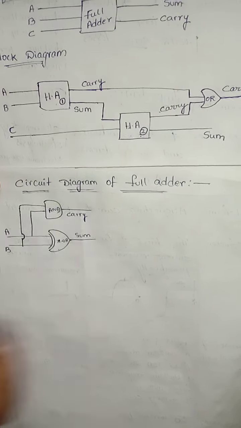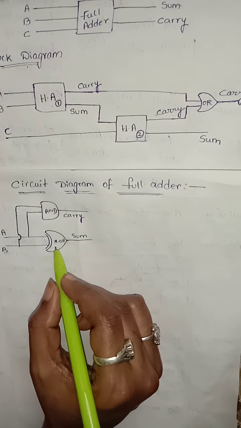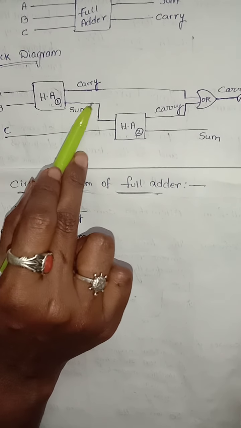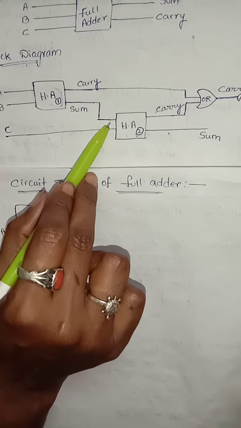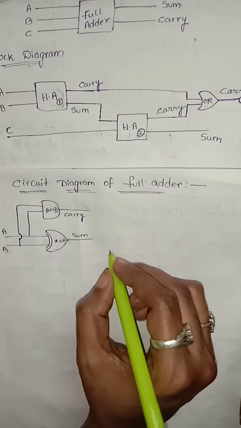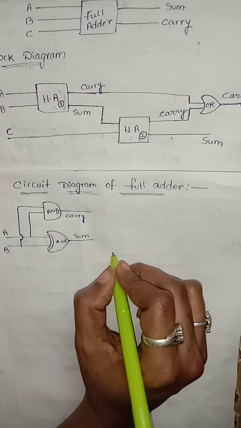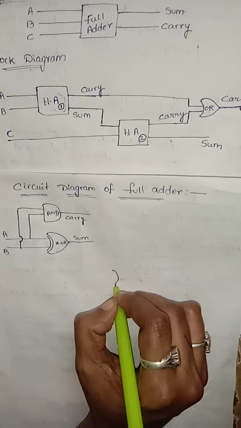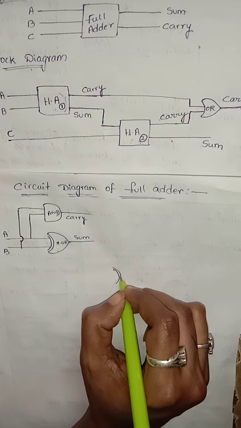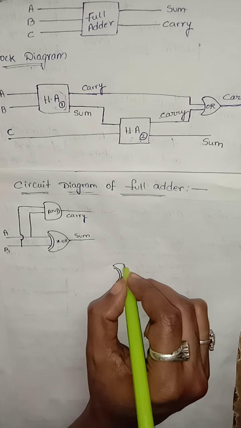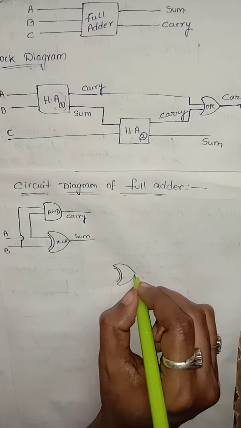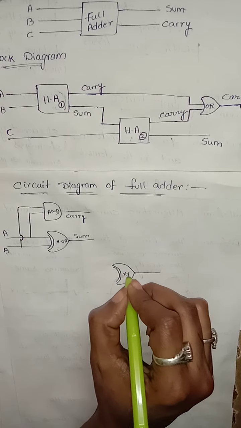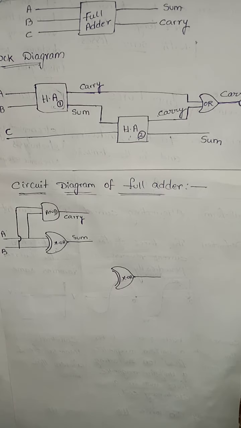Next, coming to the connection of the second half adder: the sum of the first half adder is given to the input of half adder 2. For getting the final sum, I am using here an XOR gate, exclusive OR gate.